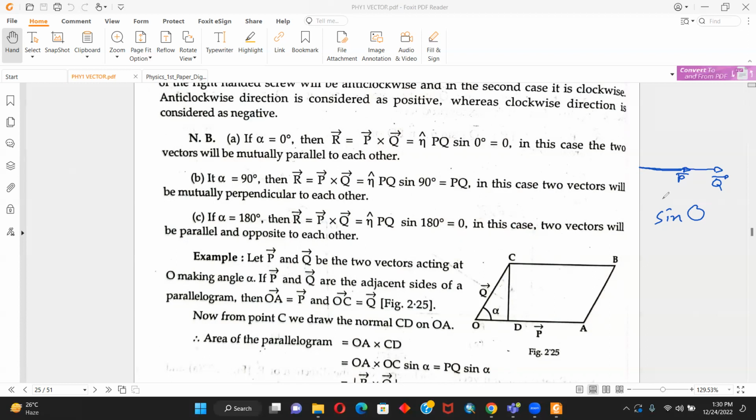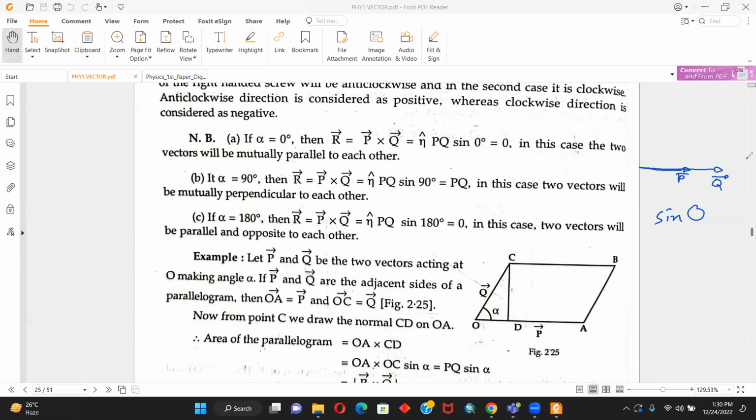And what is the direction, you might ask? Can you see any rotation here? No. It won't be upwards or downwards, but for the sake of imagination, we could say that if two vectors are acting in the same line, then the resultant should be on that line as well.